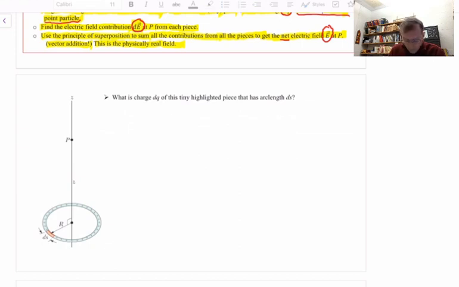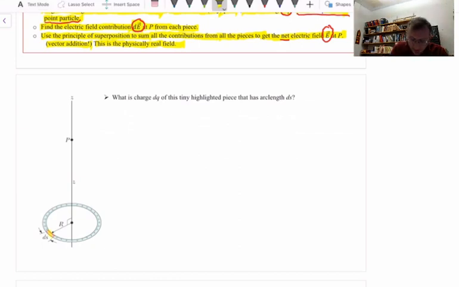And one little bit has been highlighted in a pink color. That's a little piece. It's got charge dq, and it's got a little arc length ds, and of course it's at a radius big R. That's the highlighted piece. Of course, there's an infinite number of those around. We just picked one arbitrarily.